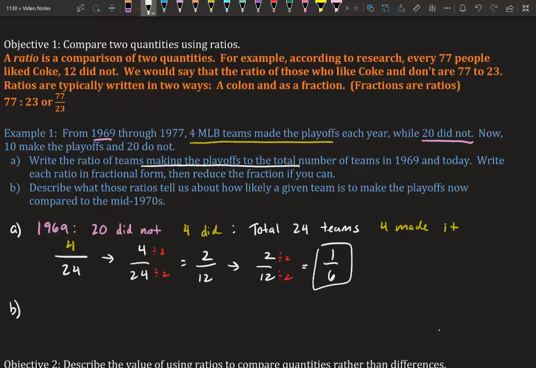Alright, now let's describe the ratios about today versus the 1970s. So now 10 teams make it when 20 don't.